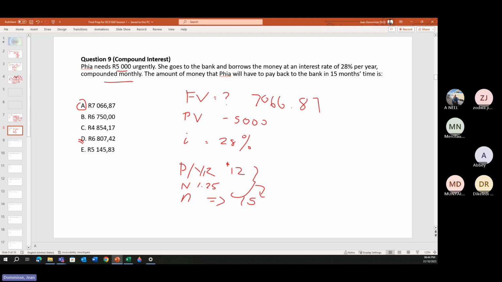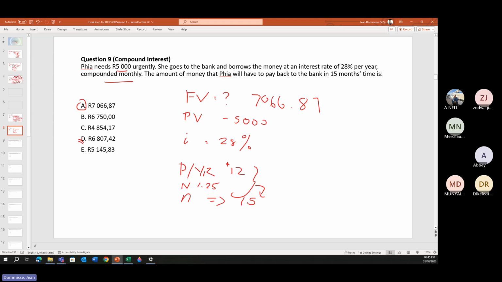If you were working out, let's quickly check, if you were working out a present value instead of a future value, there might be an answer for you as well.